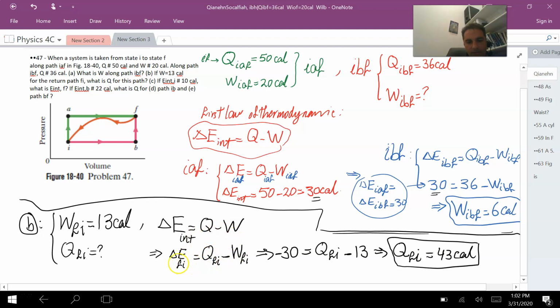Yes, delta E is Q minus W. Let me check the answer. The work done from FI is 13 calories. That's right. This is positive, same. The answer will be 43 calories.